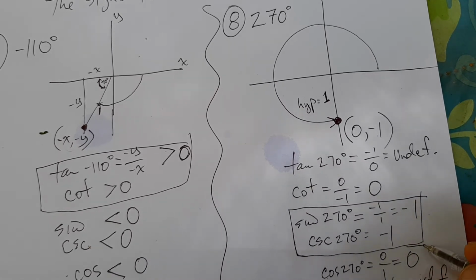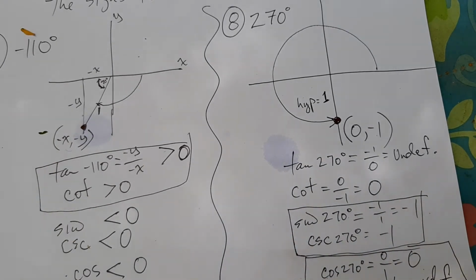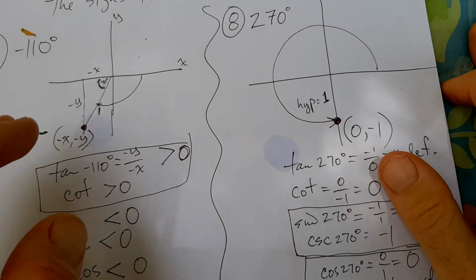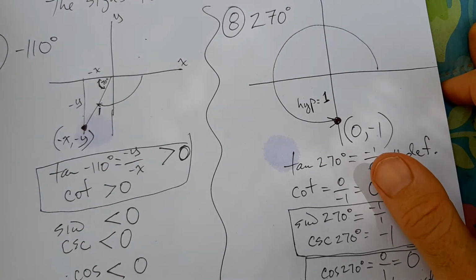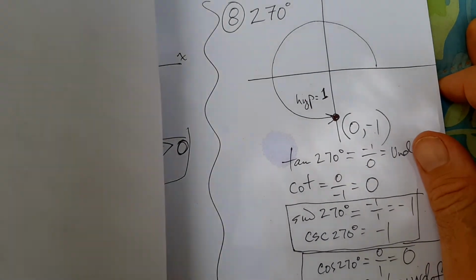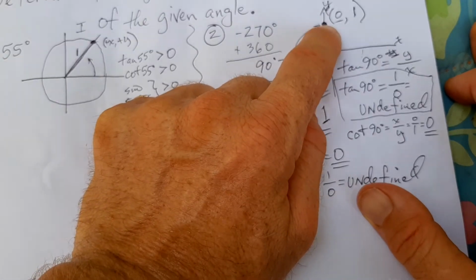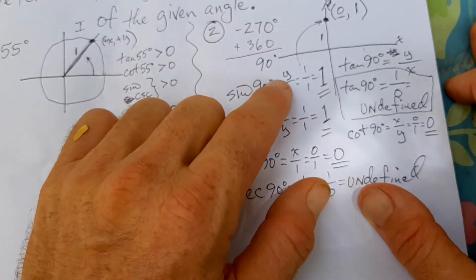Okay, so check out the even ones. Now you can go back through your even ones, and we've done each of the trig values on each of the axes, right? We started with positive y, 0, 1. We did them all.